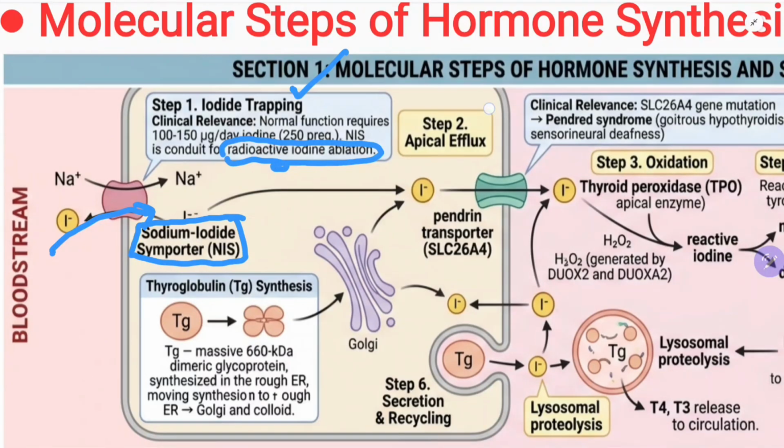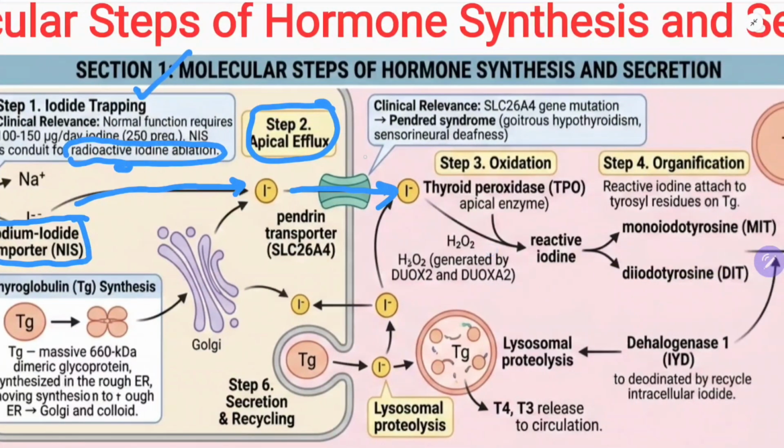The second step is apical efflux, meaning the iodine which has entered now goes into the colloid by a transporter known as the pendrin transporter. Pendrin is important. What is the clinical relevance? There is a syndrome known as Pendred syndrome, where there is malfunctioning of this pendrin transporter. Iodine is not entering into the colloid, so the thyroid hormones are not synthesized.